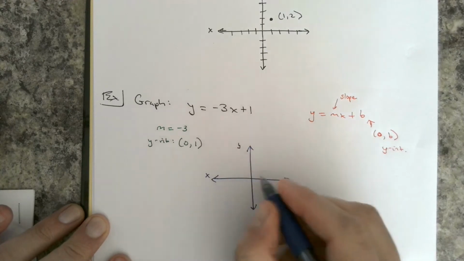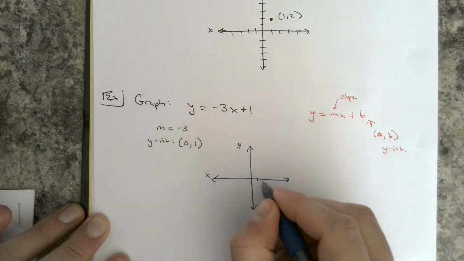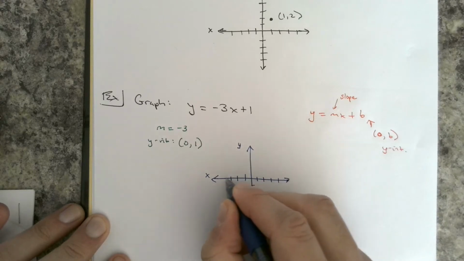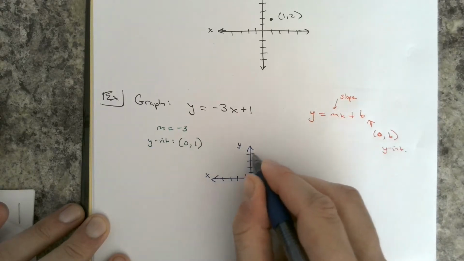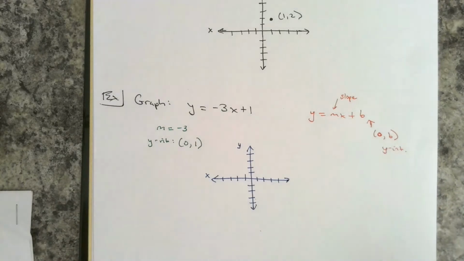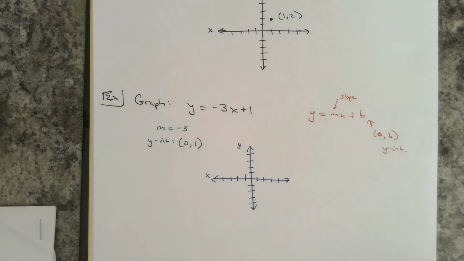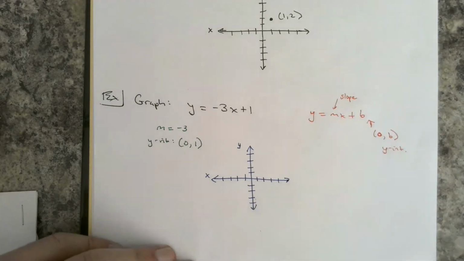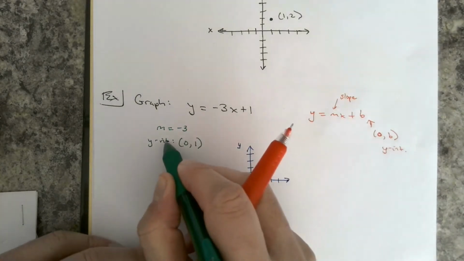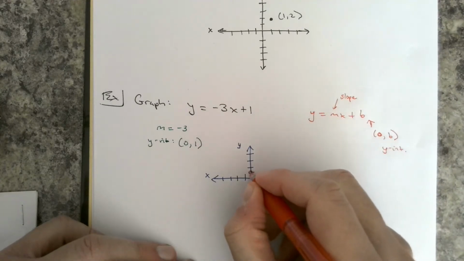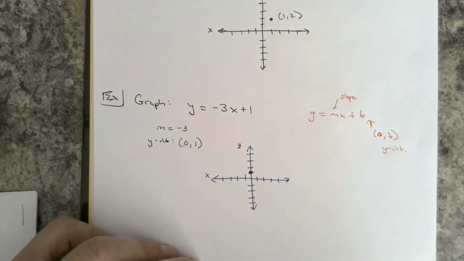So here's x, here's y. And as I said earlier, we'll assume these are all one apart for the scale on the axes. You always want to plot the point first. We want to plot that y-intercept first. So 0, 1 means the x value is 0, the y value is 1. It should be on the y-axis. That's why we call it the y-intercept.